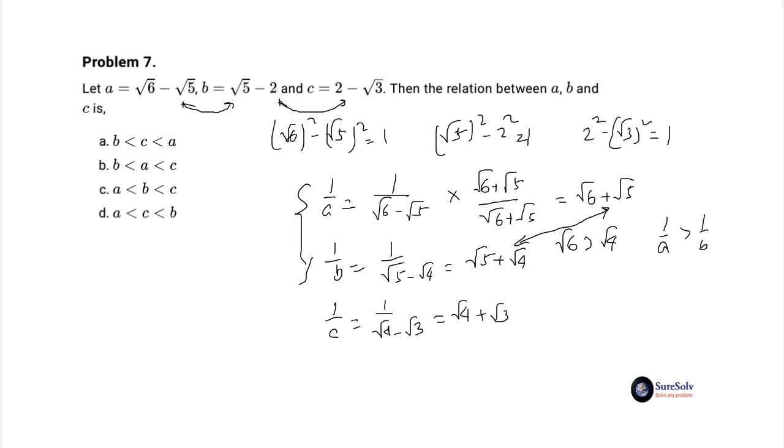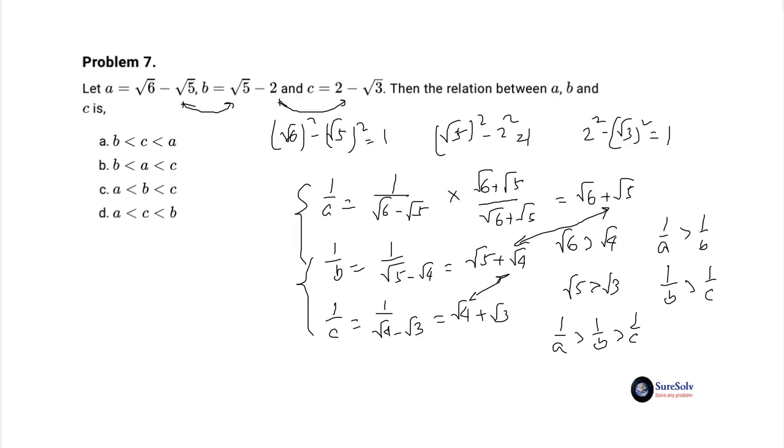Similarly, 1 by B and 1 by C have square root 4 common with square root 5 greater than square root 3. So 1 by B greater than 1 by C. Combining these two results then, you have 1 by A greater than 1 by B greater than 1 by C. Inverting the variables inverts the comparison relations also.